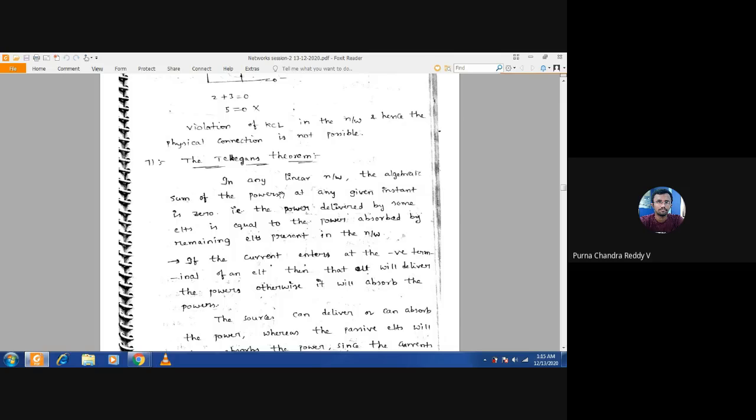So each and every network or circuit must satisfy Tellegen's theorem. Total power delivered in a network is equal to total power absorbed, or you can say total power delivered in a network is equal to zero.